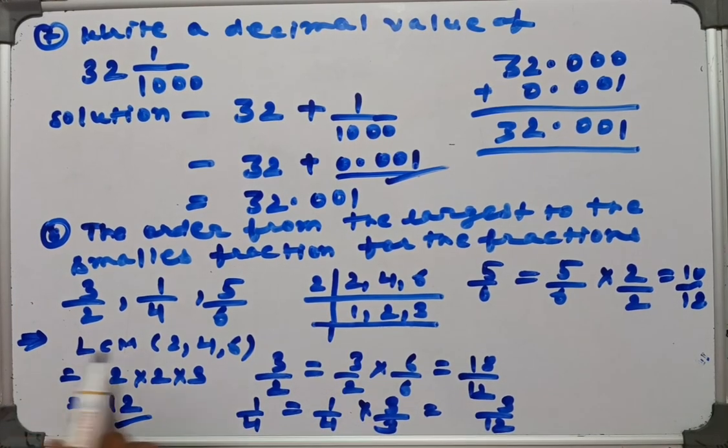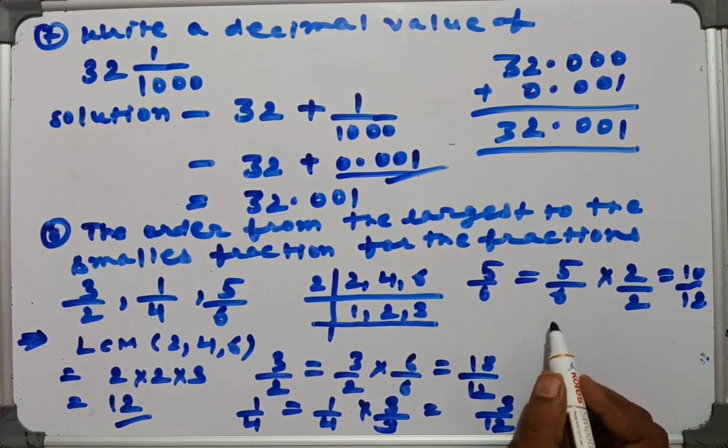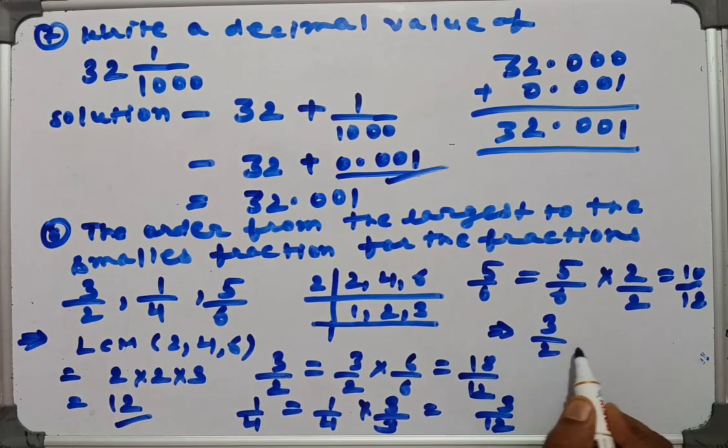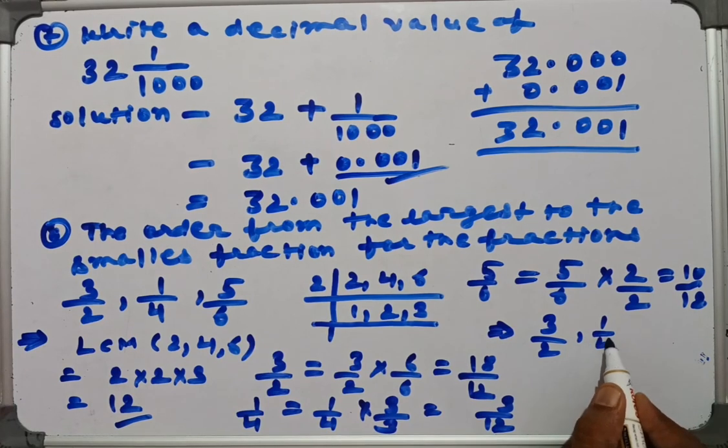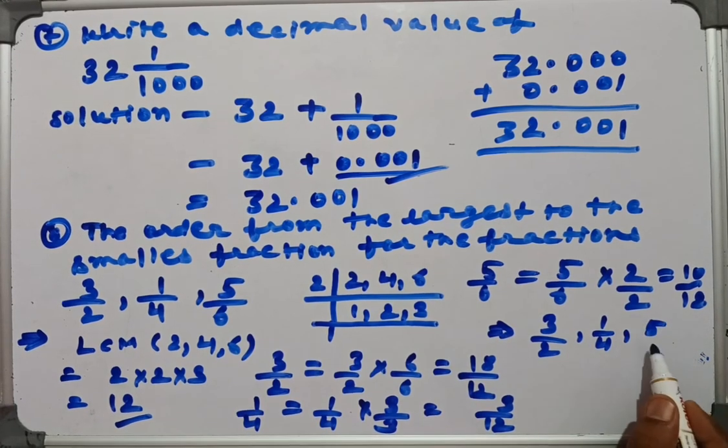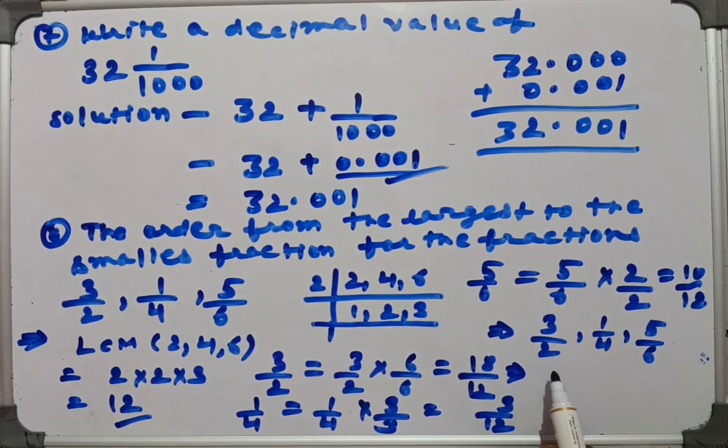See, now here you can write 3 by 2, 1 by 4 and 5 by 6 as corresponding like fractions. 3 by 2 equal to 18 by 12.